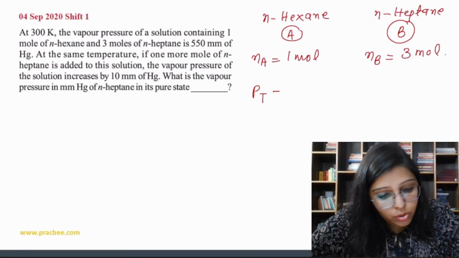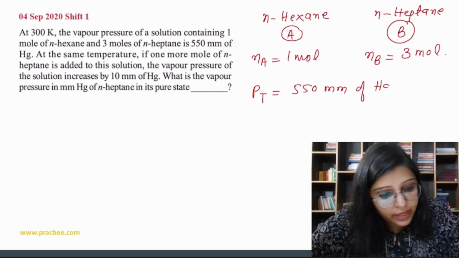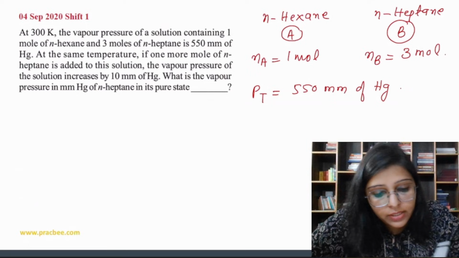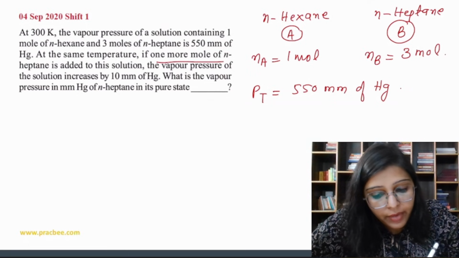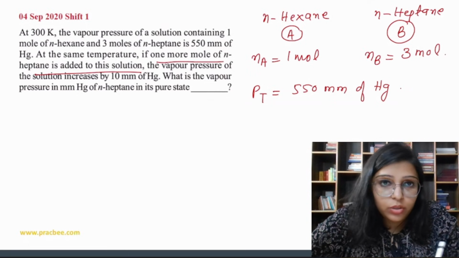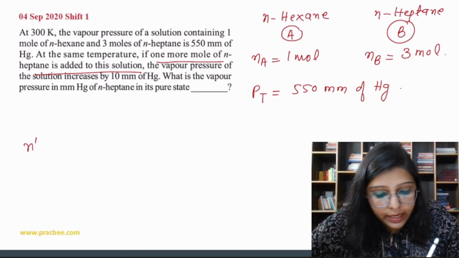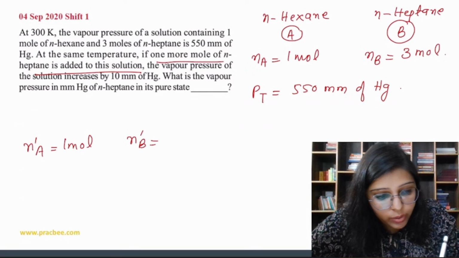So total pressure is 550 mm of Hg. The question says, if 1 more mole of N-heptane is added to the solution, it means nA is 1 mole only, but nB is going to be 4 mole.